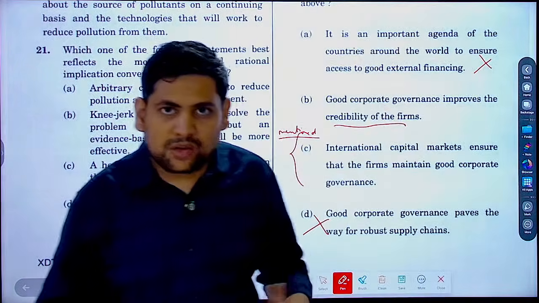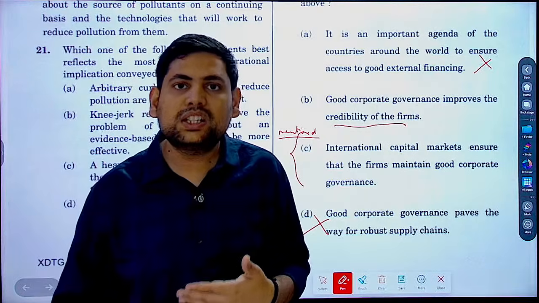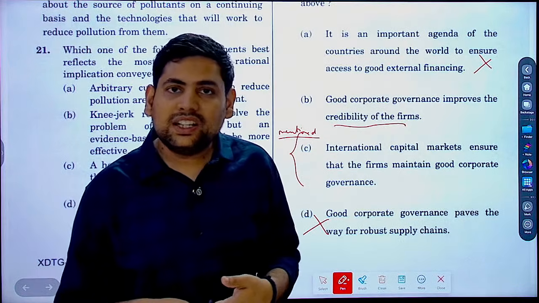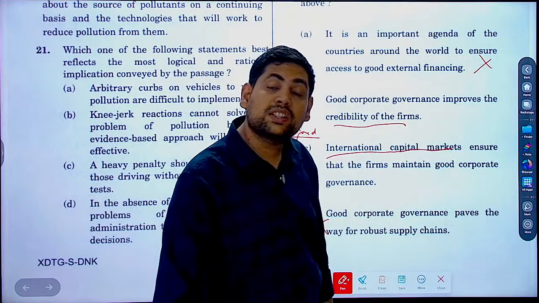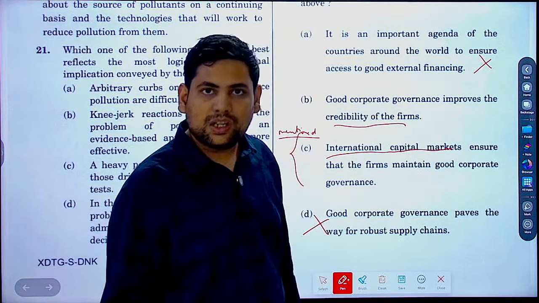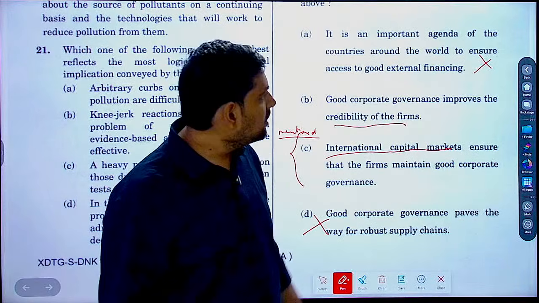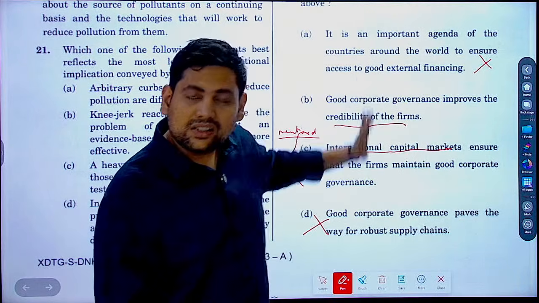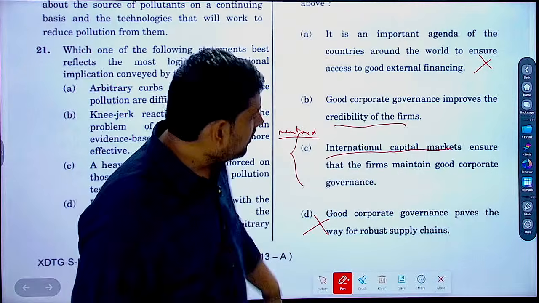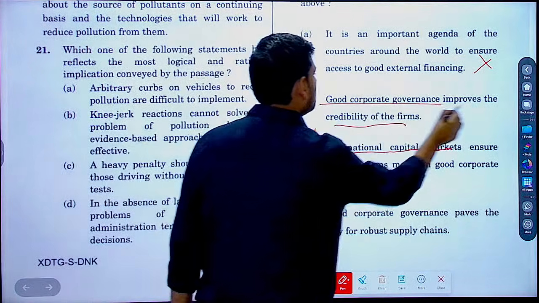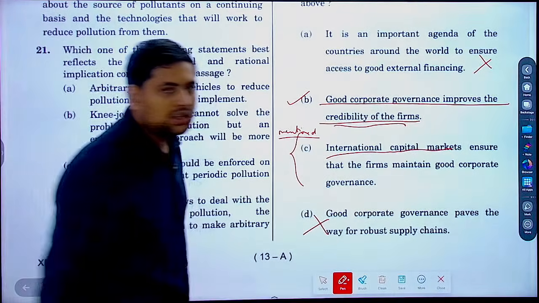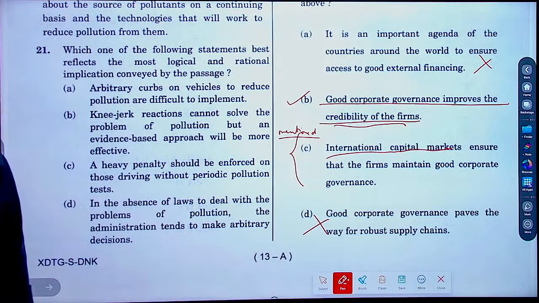Because the firms want to maintain their credibility. It does not just say it about international capital markets. It also says that external financing becomes easier, and it also leads to many fundamental changes in the organization. So it is a more appropriate option to choose that good corporate governance improves the credibility of the firms. So B is the answer.